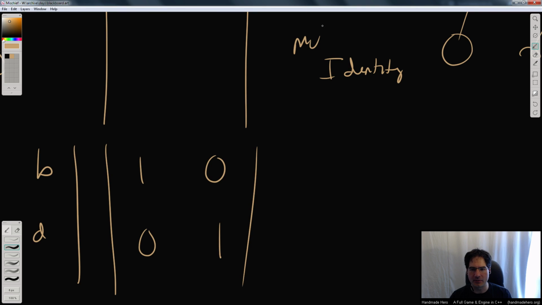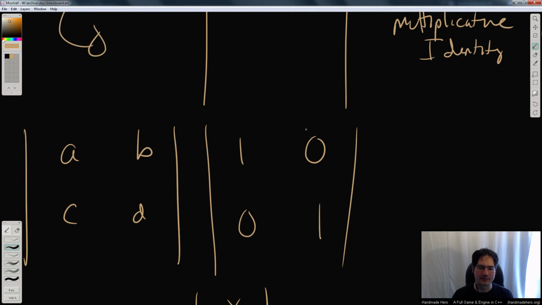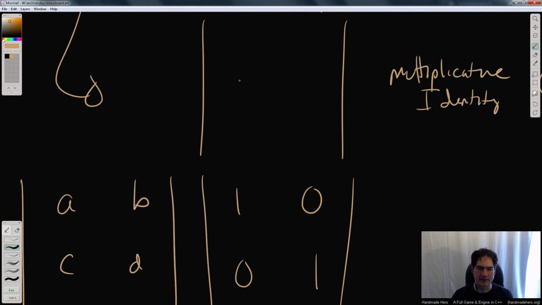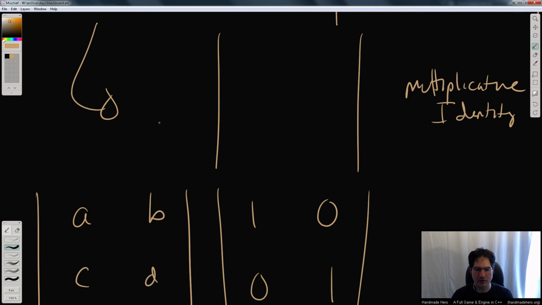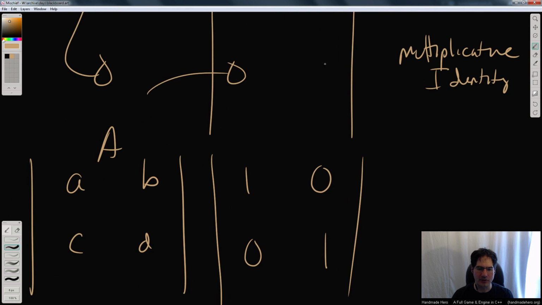Now, technically, this is the multiplicative identity, and furthermore, it's the multiplicative identity on the right, because technically we're multiplying it on the right side of this term. If this was A and this was A inverse, we're talking about the one that comes on the right.